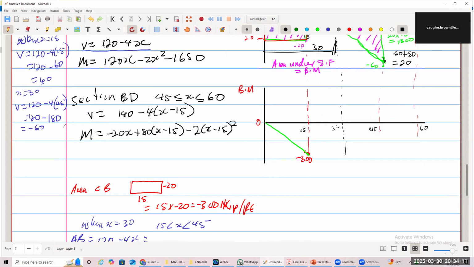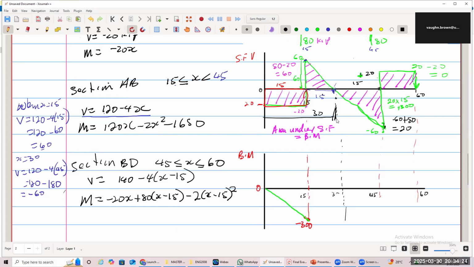So minus 300 plus positive 450. How much do we get? 150. But now remember, for your UDL, anytime I see UDL is a curve, so it must curve up to the positive 150. You see it?